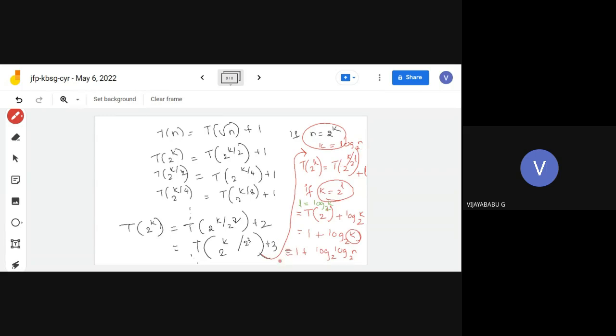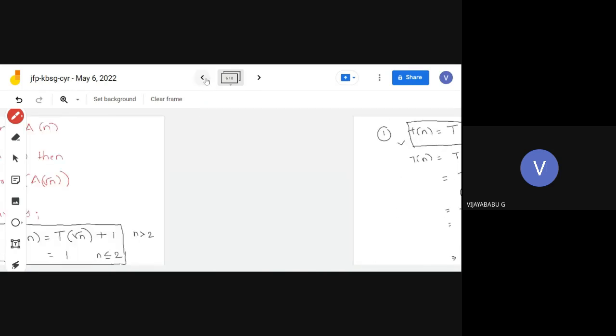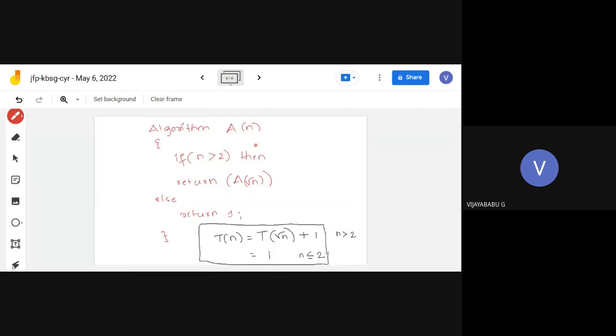So we have to consider this part. Please listen carefully. Don't worry about these kinds of things. All the time we are going to get the same answer for this kind of problem. The only thing that we have to understand regarding this recursive algorithm is a of n, if n greater than 2, then return a of square root of n, else 1.